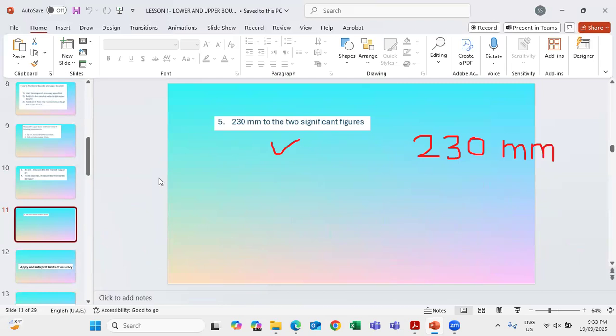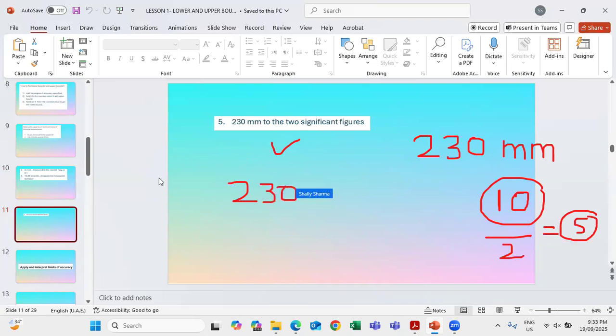If it is two significant figures, that means it is like 10. So here we have two significant figures, so 10 again you have to divide by 2, so it will be 5. Then you make 230. Here 5 less than 230 is 225, and here 5 more than 230 is 235.